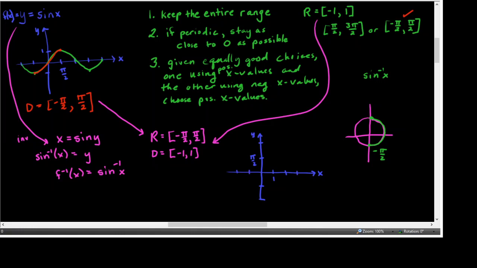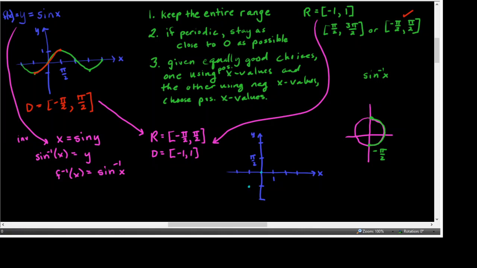And for every point on the function that's graphed there, the 1-to-1 in red there, I'm going to interchange the x and y for each of those points. So for example, the first one on the left is at negative pi over 2, negative 1. So that's going to go to negative 1, negative pi over 2. And 0, 0 goes to 0, 0.